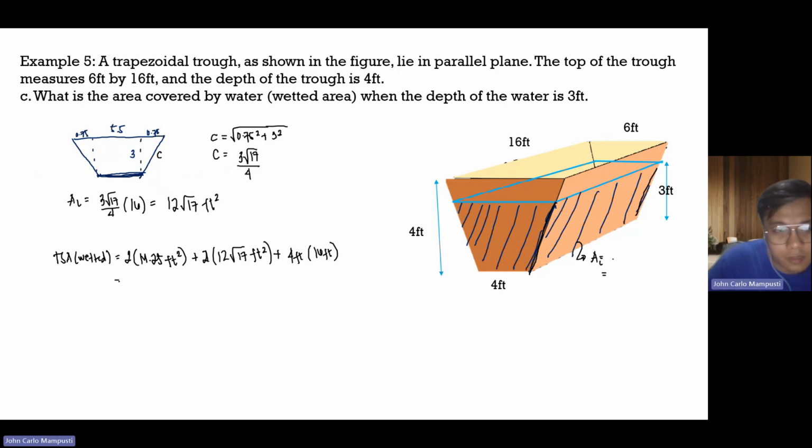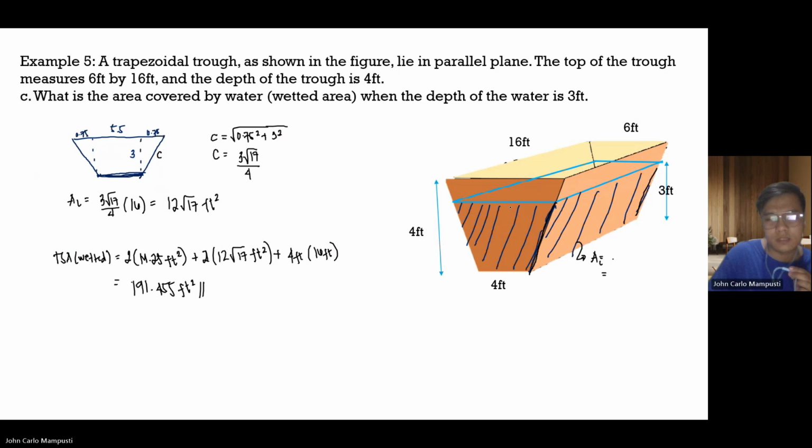Ibig sabihin, total wetted area natin, so our answer here is equal to 191.455 square feet.